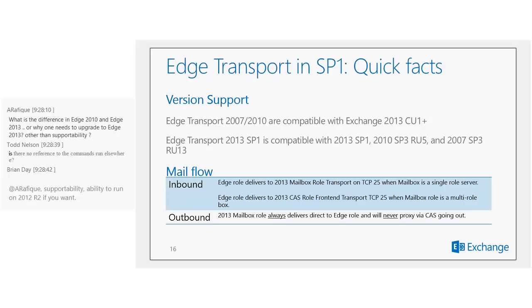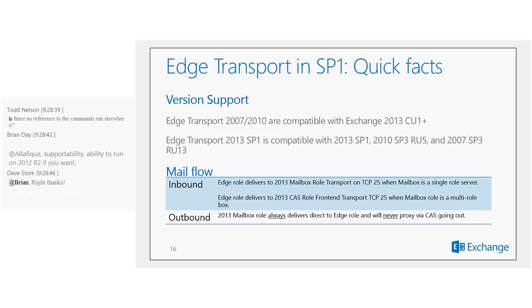And 2013 Edge is compatible with the latest releases of prior Exchange versions. So as long as you're on those latest support packs and RUs, you'll have compatibility with those prior versions of Exchange as well.